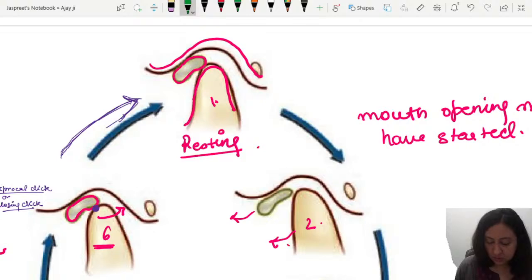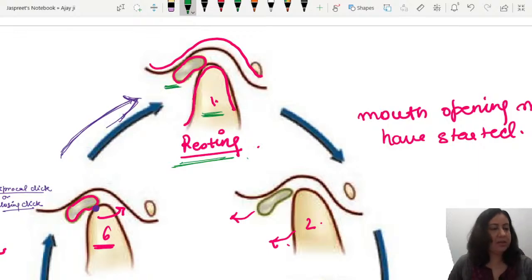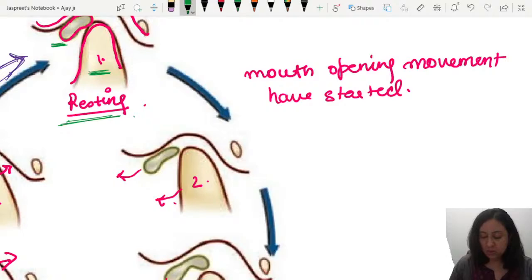Okay, so this is the resting phase. In this, if you see the condyle and the disc, they are in an abnormal position. The disc is anterior to the condyle. Now, mouth opening movements have started.